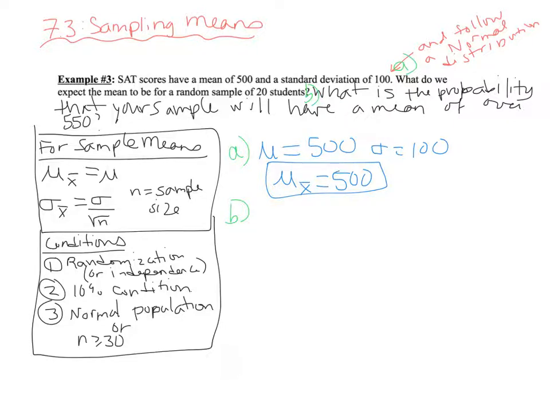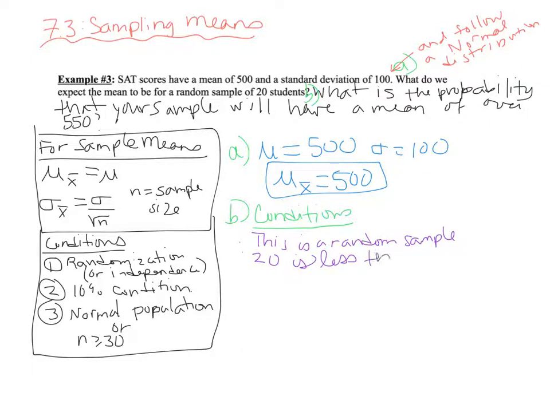We are going to be using a normal model, but before we do anything, we have to check our conditions. You must check those. From here on out, you should be checking conditions for almost everything. My first condition: they specifically tell us that this is a random sample, so we're good on that one. Our second condition is the 10% condition. Our sample size is 20, which is definitely less than 10% of all people who take the SAT.